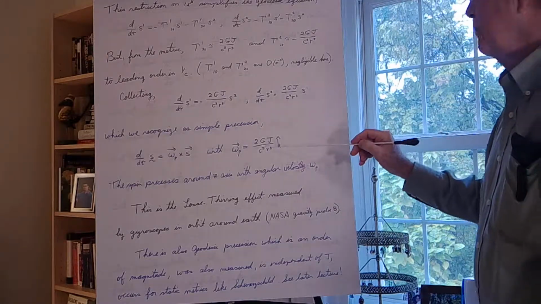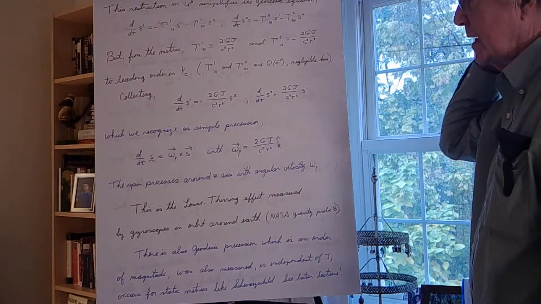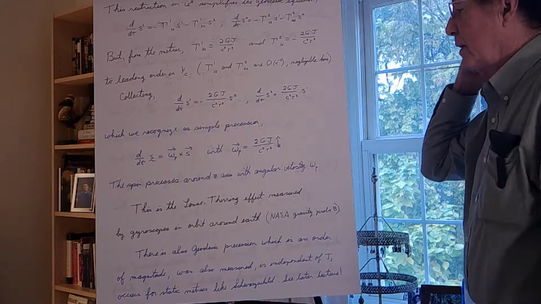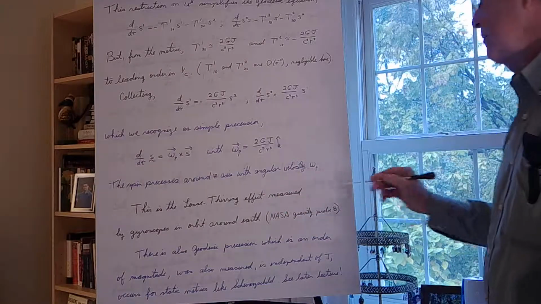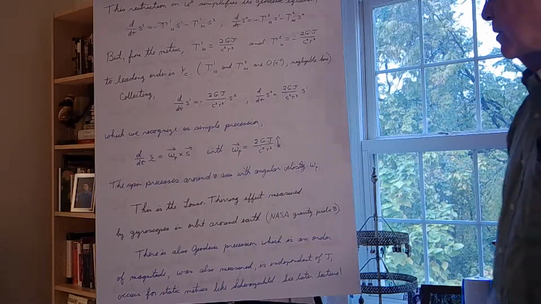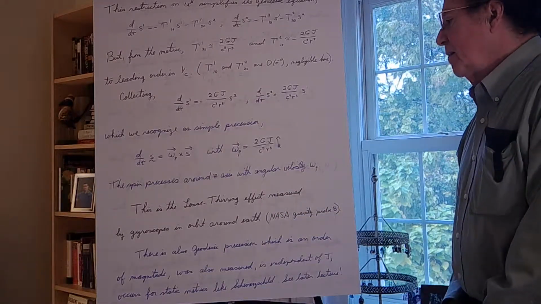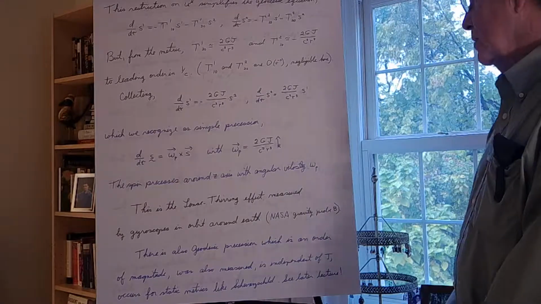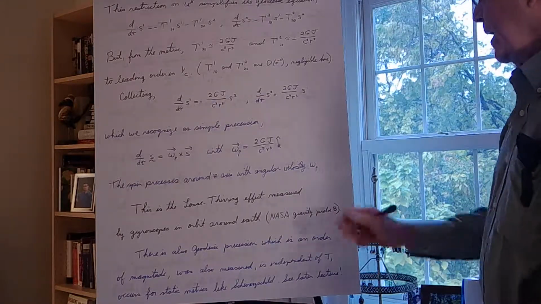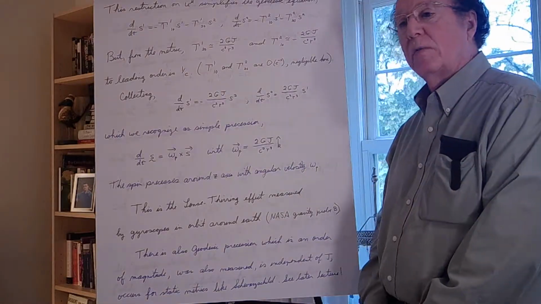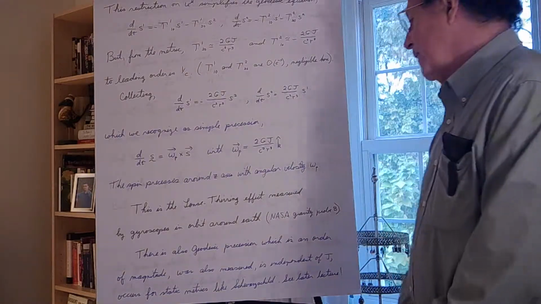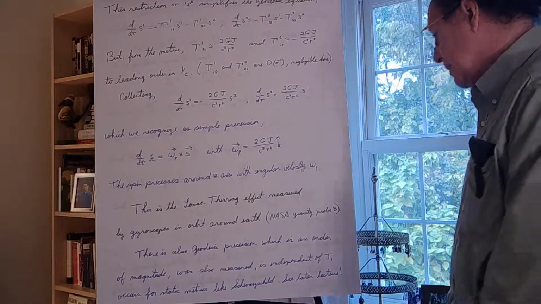So it precesses faster as I get closer in, which is certainly as expected. The field is bigger there. This is called the Lense-Thirring effect. It was calculated in 1919, rather early after the discovery of general relativity. It's been measured by NASA by looking at gyroscopes orbiting the Earth, and verified to about 10%.